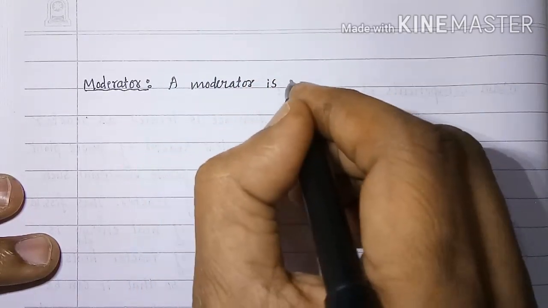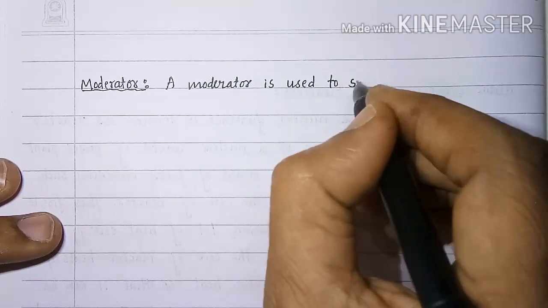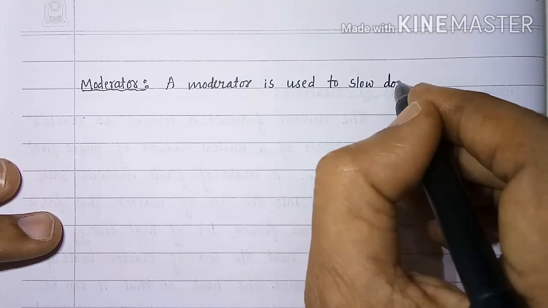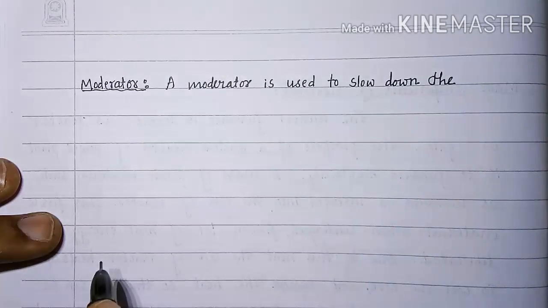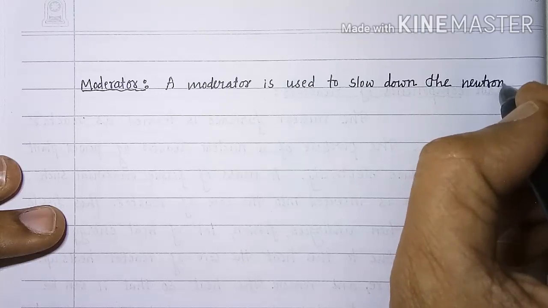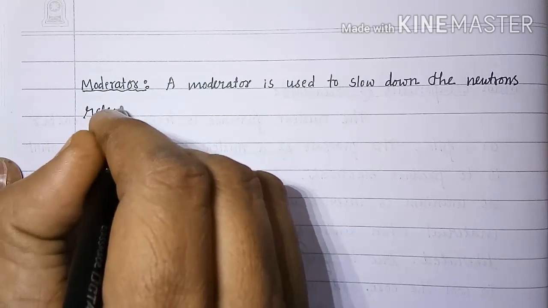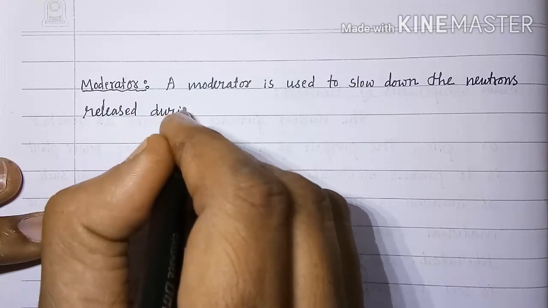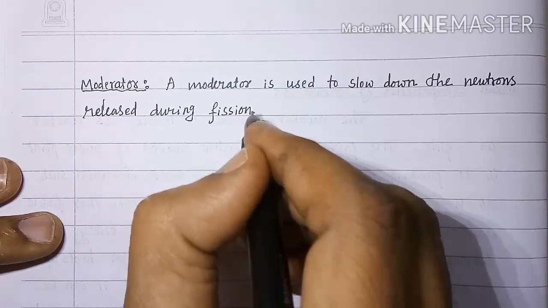A moderator is used to slow down the neutrons released during fission.